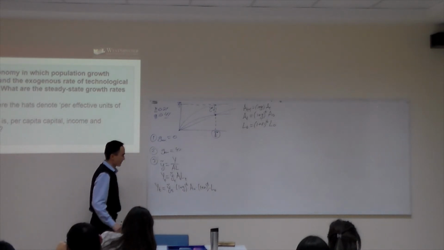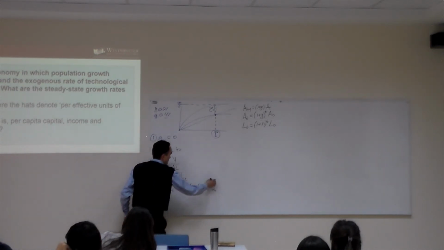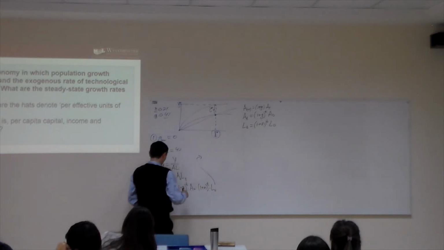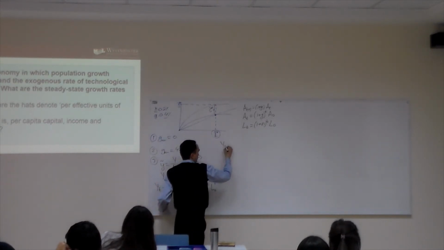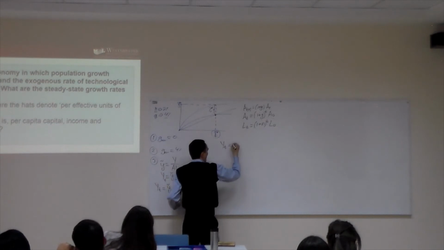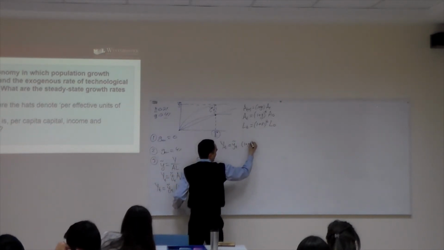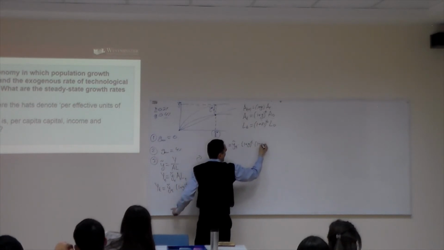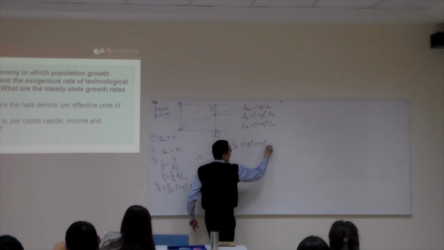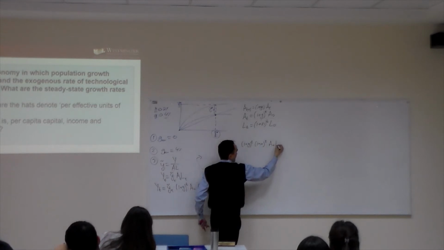Right? Or let's rewrite it nicely. So our output is equal to now y hat t times (1+g)^t times (1+n)^t times A0 L0.